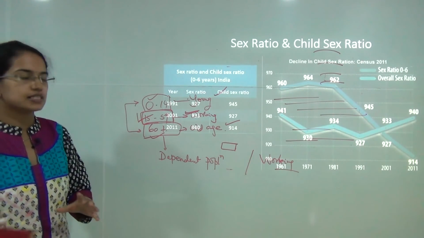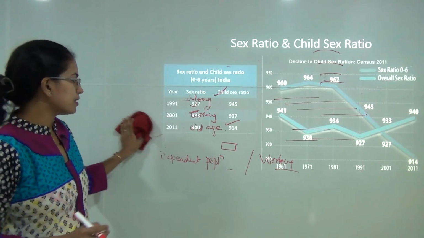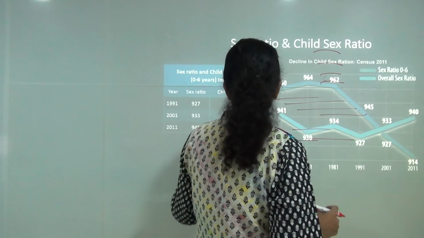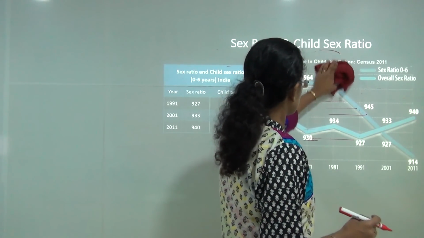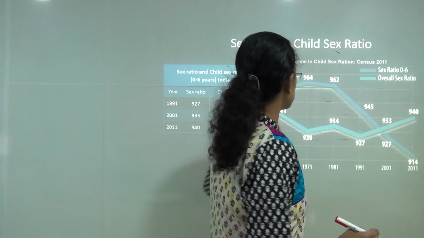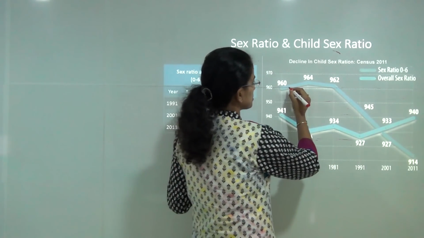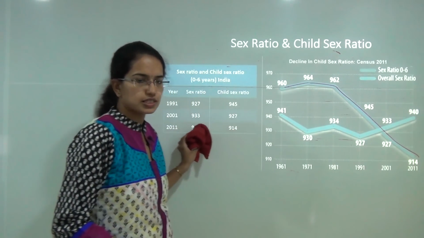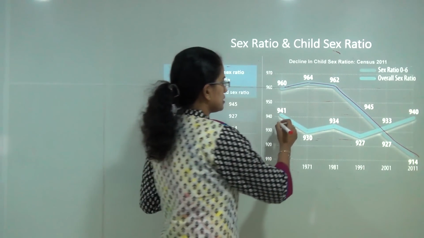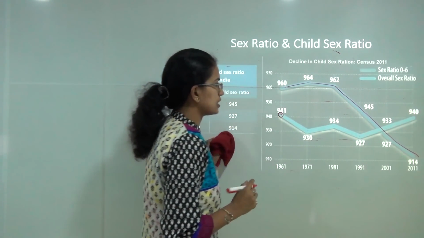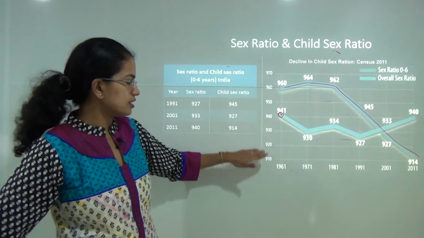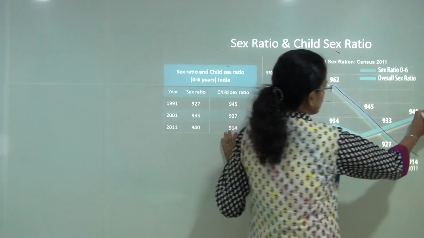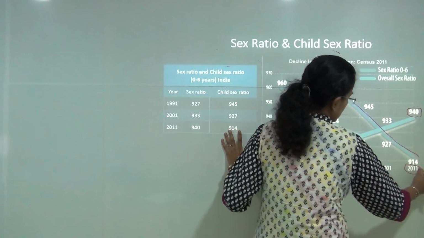Now next comes the sex ratio. Sex ratio is the number of females per 1000 males. You have two graphs that you can see here. The first line graph shows the child sex ratio, that is the sex ratio between 0 to 6 years of age, and the next is the overall sex ratio, which has changed from 941 in 1961 to 940 in 2011.